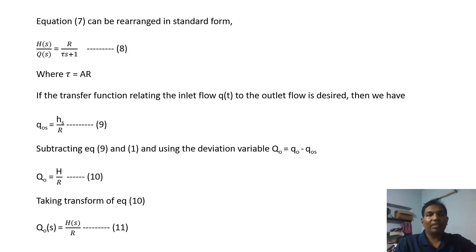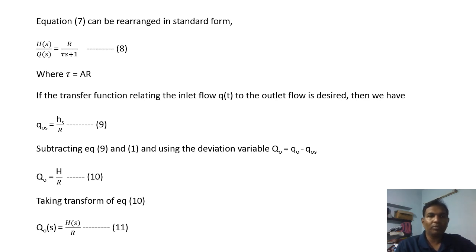Here equation 7 can be rearranged in the standard form. We know the standard form of the first order equation, which will be y of s by x of s is equal to 1 by tau s plus 1. Here y of s is the output variable and x of s is the input variable, and 1 by tau s plus 1 is the transfer function, which can also be represented as g of s.